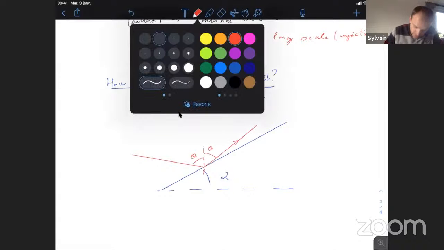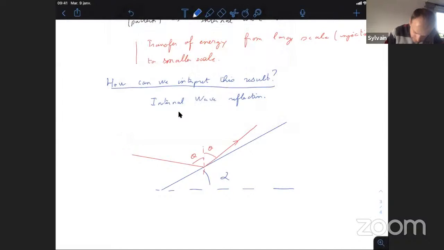Now you have a second wave, a wave beam. Basically, this distance is the wavelength of the incident wave. And if you do the same, you have this, and this is the wavelength lambda of the reflected wave.